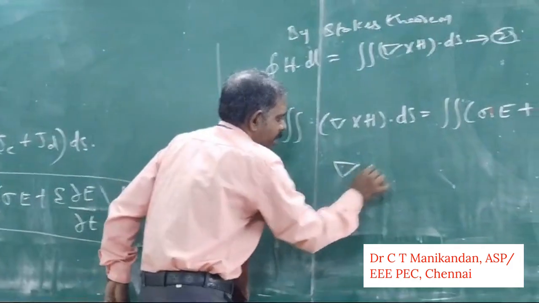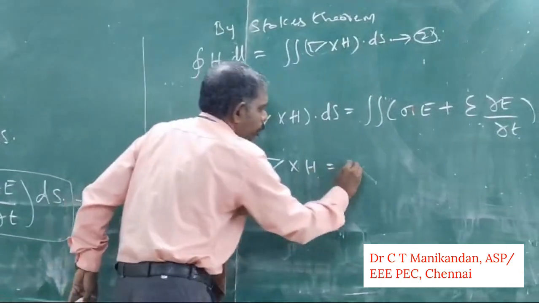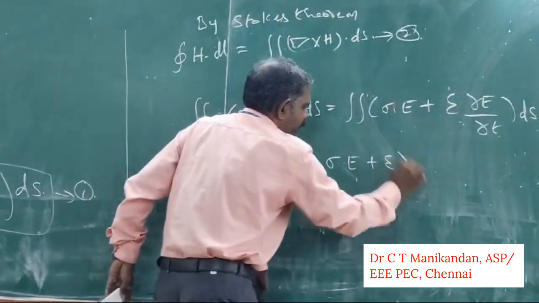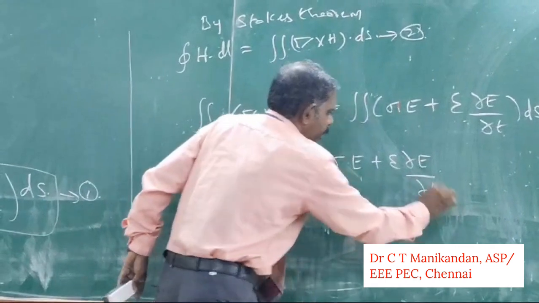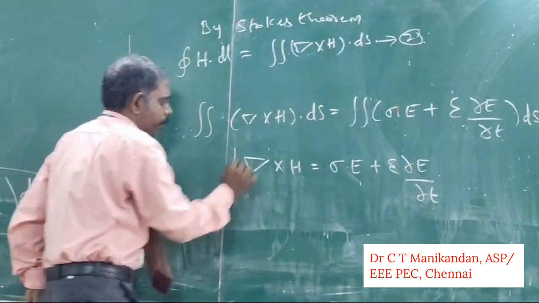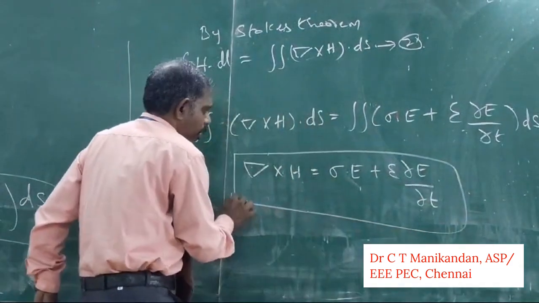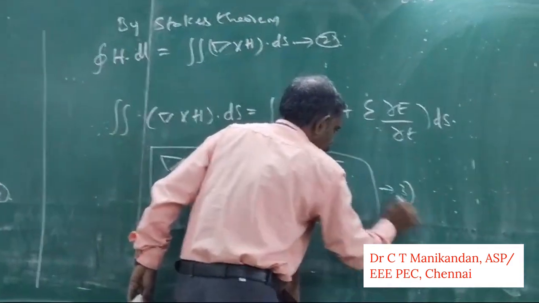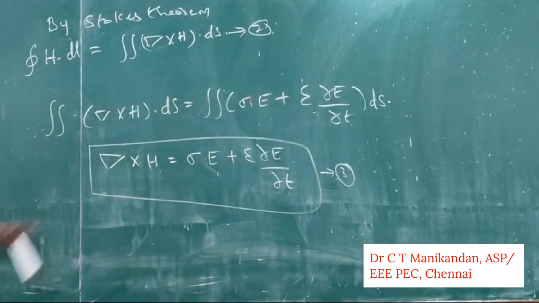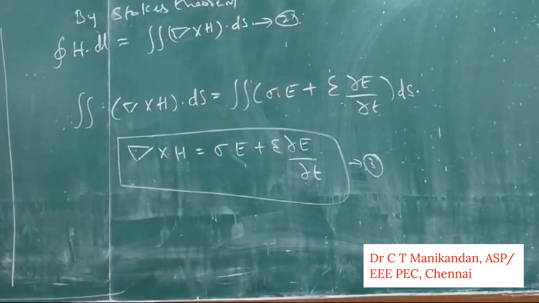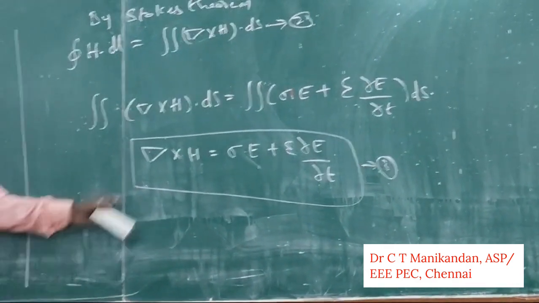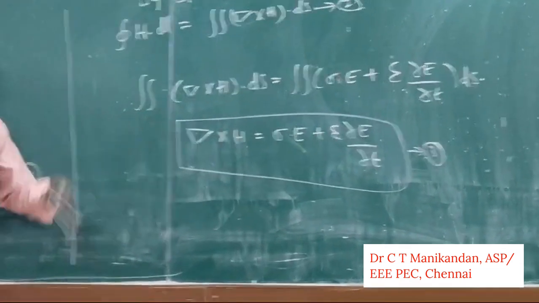So this can be expressed as del cross H equals sigma E plus epsilon dou E by dou t. This equation is called Maxwell's equation in differential or point form.